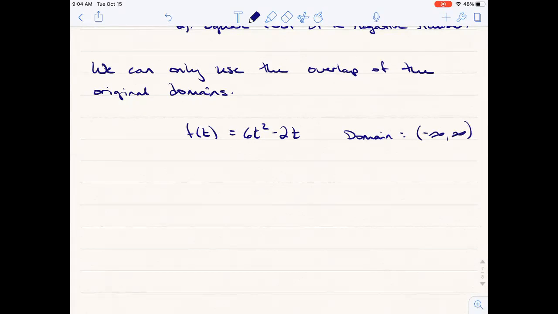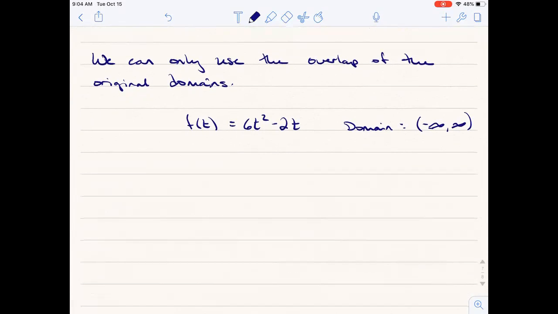I'm not dividing by 0. I'm not taking the square root of a negative number. It can handle anything unless, you know, the blurb says otherwise. But if it's just like this, it can handle anything. All real numbers. g of t, remember, was 3 minus 1 over t.